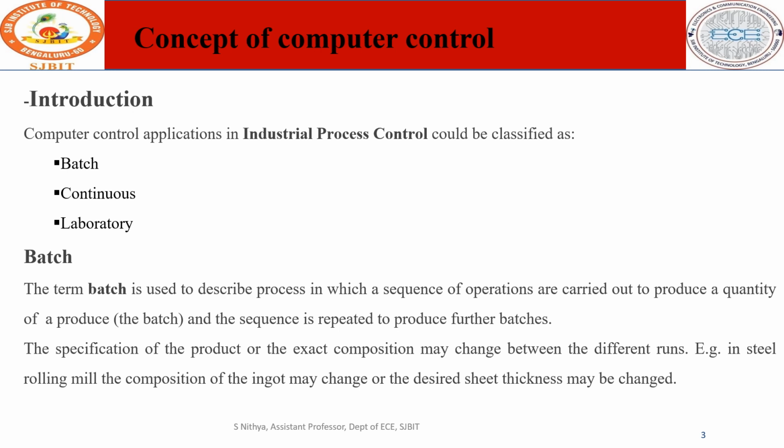If I want a thinner steel roll, I set the thickness lower; if I want a thicker one, I set the thickness larger. That is how specifications change from one batch to another, but batch processing generates a group of products.